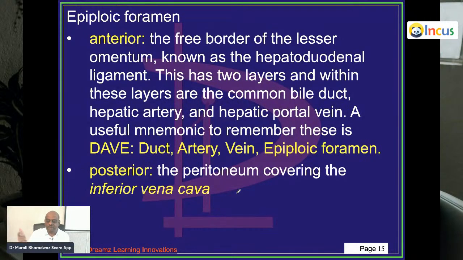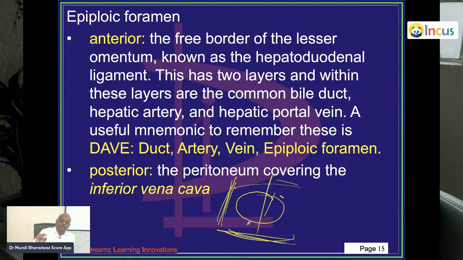So the duct, artery, vein, you remember. One of the favorite questions of the examiner. What is anterior? DAVE. DAVE: duct, artery, vein are there in the epiploic foramen. Imagine anterior to the epiploic foramen, posterior to the epiploic foramen, roof, floor.